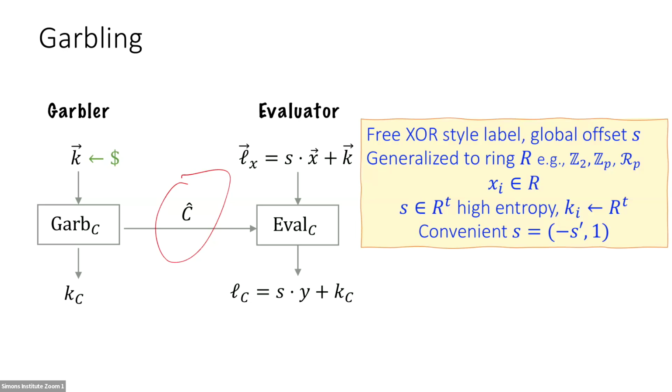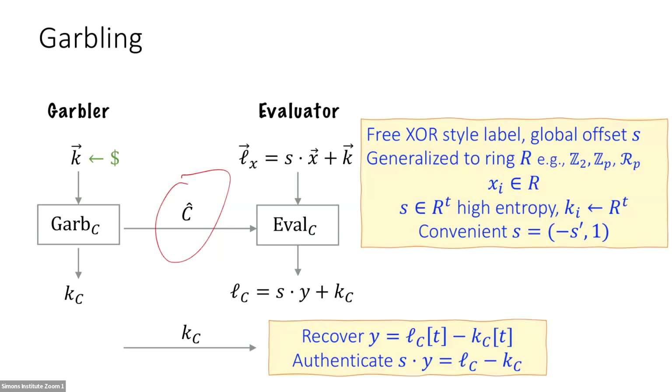And also, in the end, the garbler should obtain the k_C that is blinding the output. And this means that if the garbler wants to just let the evaluator recover the output, it can just give out the last coordinate of k_C. If it wants to allow the evaluator to authenticate the output, then it can give out the entire k_C.